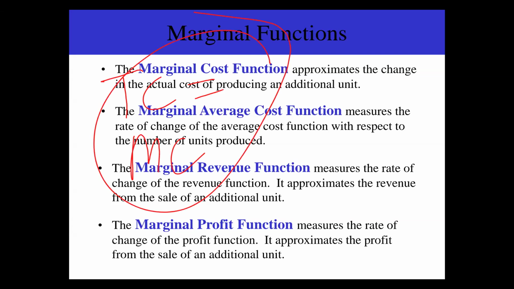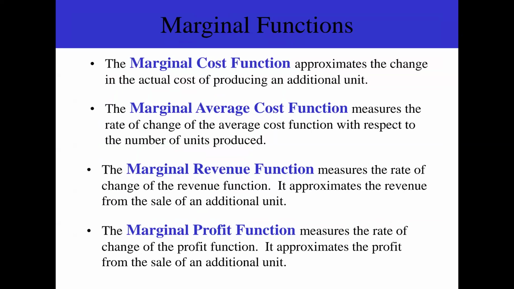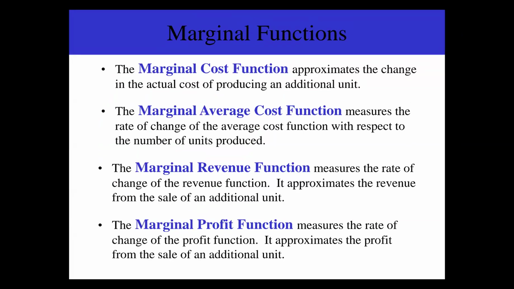And again, we also have the marginal average cost function. We need to find the average cost function, then marginalize it, meaning differentiate it. We know that the average cost function is found by taking the total cost function, fixed cost plus variable cost, divided by output.